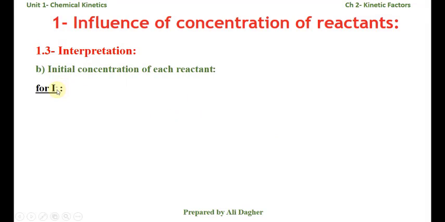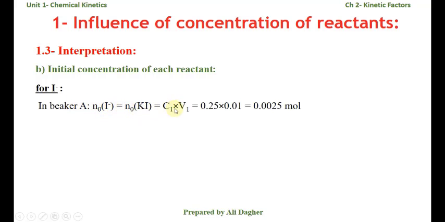For I-, in beaker A, the initial number of moles of I- equals the initial number of moles of KI, which equals C1 times V1 equals 0.15 times 0.01. V1 is 10 milliliters, that means 0.01 liter, so it equals 0.0025 mole. The initial concentration of I- equals N0(I-) over V total, 0.0025 over 0.1.